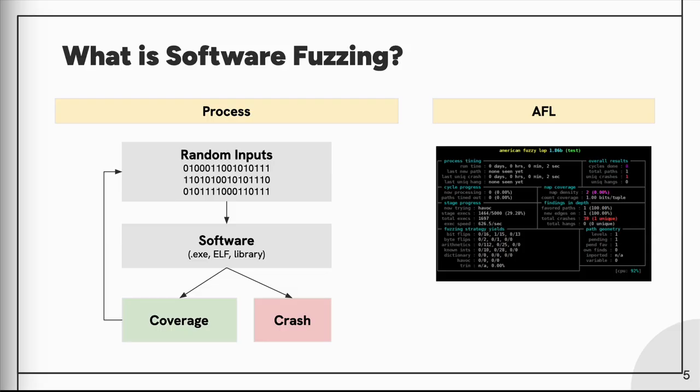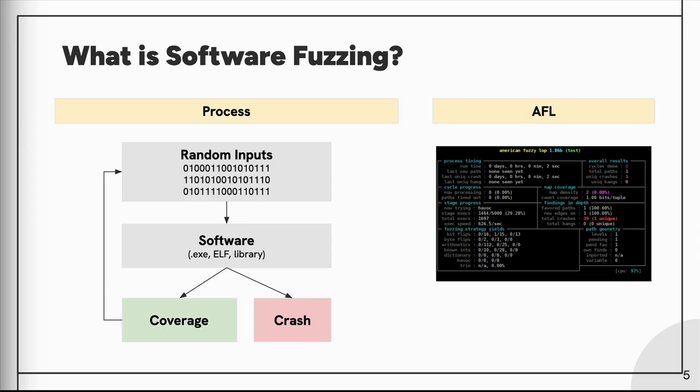Gray box has some understanding of the source code through lightweight compiler-based instrumentation, and white box fuzzing has full understanding of the source code and can do more complex operations, such as symbolic solving, to break through conditionals. Generally, gray box fuzzing is the most popular approach as it is lightweight and fast.